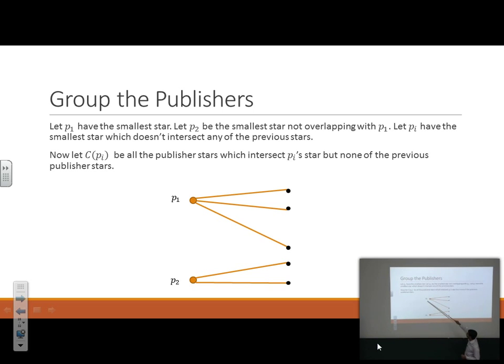So that's the way I'm going to go for the publishers, okay? So I take the cheapest publisher, and then I nix all of the other publishers whose stars intersect with it, because I'm going to bear responsibility for all of those guys here. So that's going to be P1. Then I'm going to go to the next publisher, which is disjoint from the first publisher's star, and then I'm going to get rid of all the other guys who overlap with this.